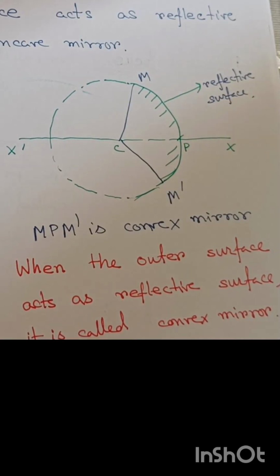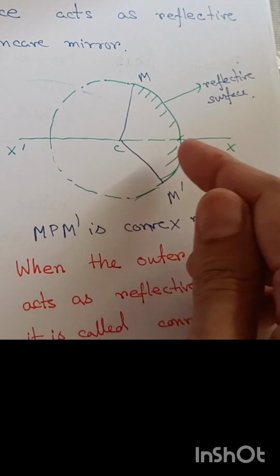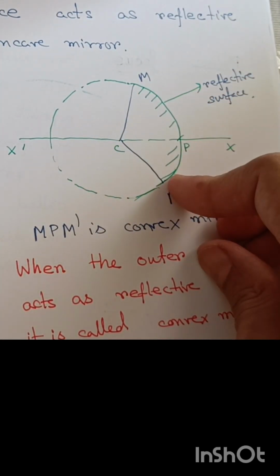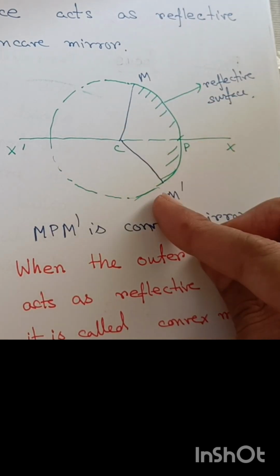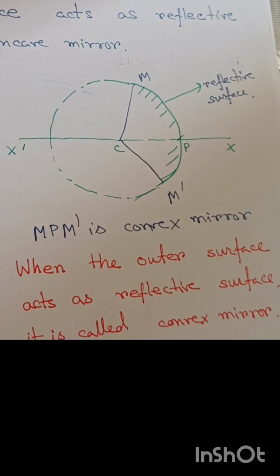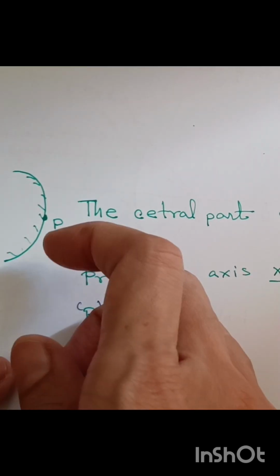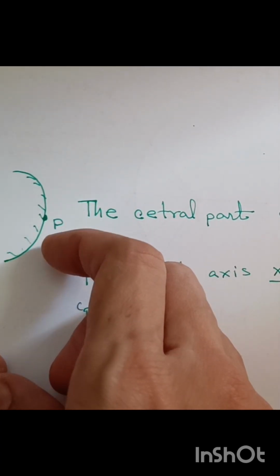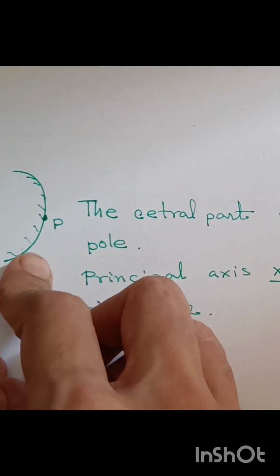When the outer surface acts as the reflective surface, it is called a convex mirror, like this surface. This upper part is the reflective surface. This is a convex mirror. This side is the reflective surface of the convex mirror.